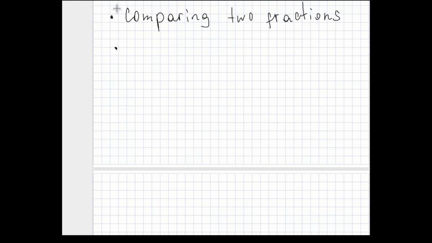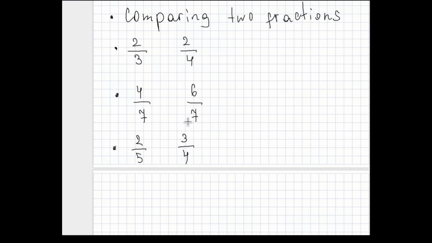The first way is we can have 2 over 3 and 2 over 4. Another way we can have 4 over 7 and 6 over 7. And another way we can have 2 over 5 and 3 over 4.